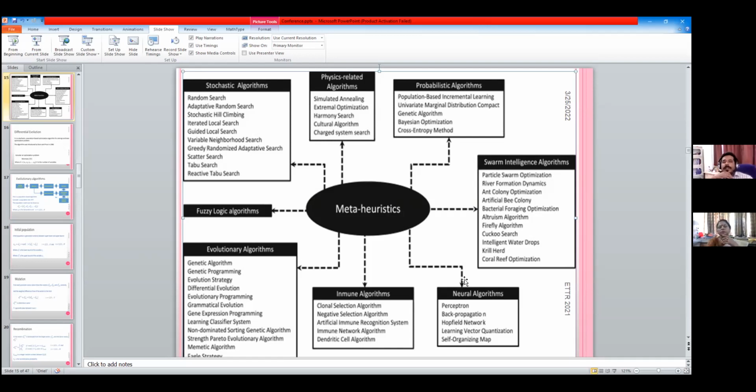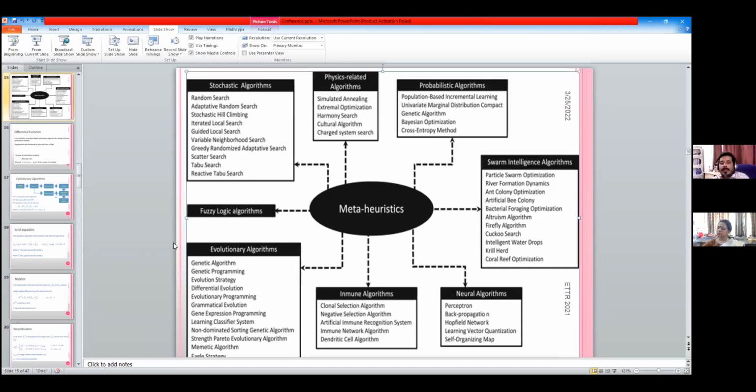Then the Jaya algorithm, then the social impact based algorithm, I forgot the exact name. It mimics how children evolve in a society. So these are four different types of algorithms.